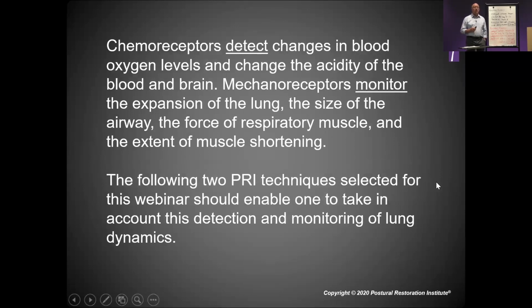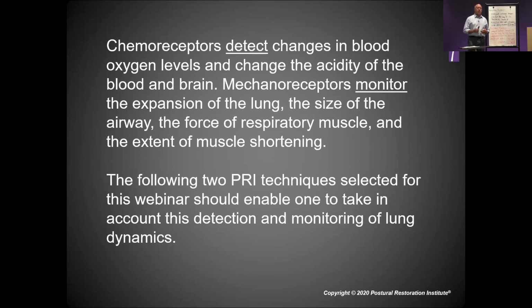They detect changes in blood oxygen levels and changes in the acidity of the blood and brain. Mechanoreceptors monitor the expansion of the lung. So when your mechanoreceptors experience that expansion, those chemoreceptors are saying, thank you for listening, thank you for helping, thank you for enabling. Mechanoreceptors monitor this expansion and the size of the airway. That's what this is all about. Airways, the size of it.